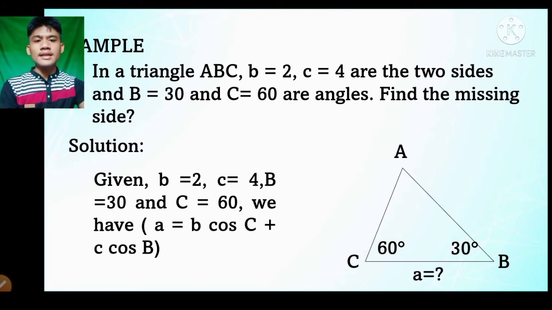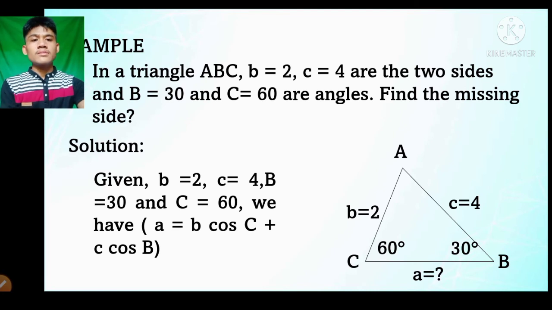Side a is unknown, which is our goal to find, and b is equal to 2 and c is equal to 4. We cannot use c squared is equal to a squared plus b squared, because it is not a right triangle.